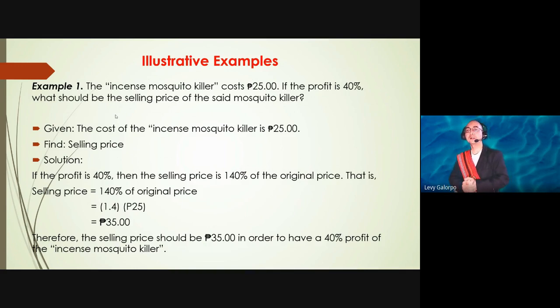Kaya kukunin natin yung 140% para mag-arrive tayo sa 35 pesos. Therefore, the selling price should be 35 pesos in order to have a 40% profit of the incense mosquito killer. That's example number 1.